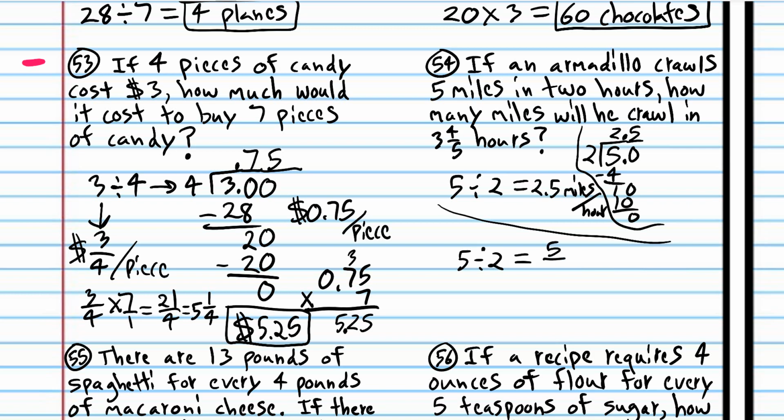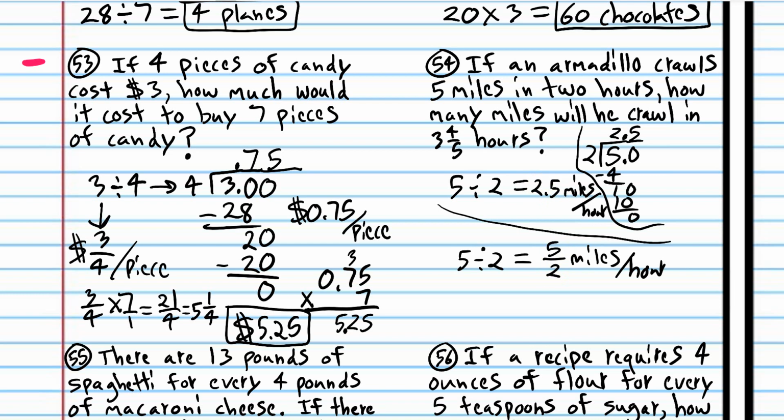We'll just write it as 5 over 2. So 5/2 miles per hour. 5/2 is the same thing as 2.5. We're just writing it as a fraction.